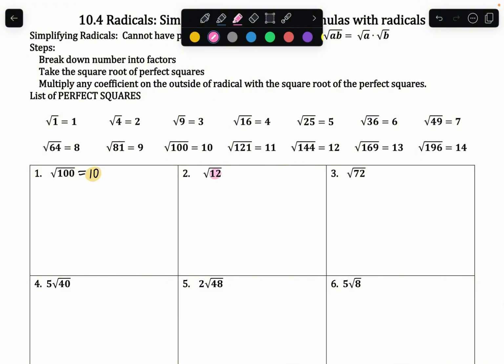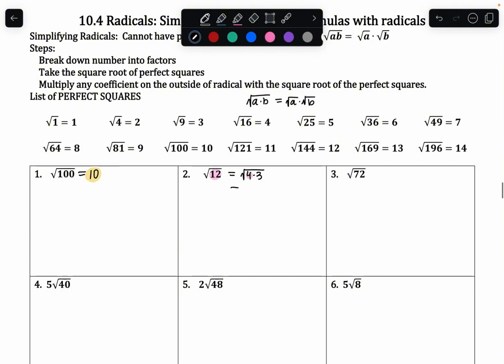And so a property of square roots and radicals is that if you have a product under the radical, you can break it up into its individual radicals. And so 12 can be written as a product of 4 times 3. The reason why I chose 4 and 3 instead of like 2 and 6 is because 4 is a perfect square factor.